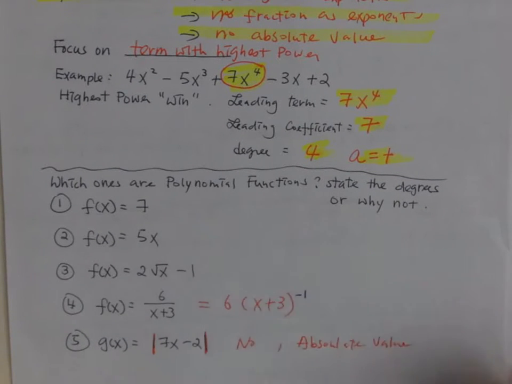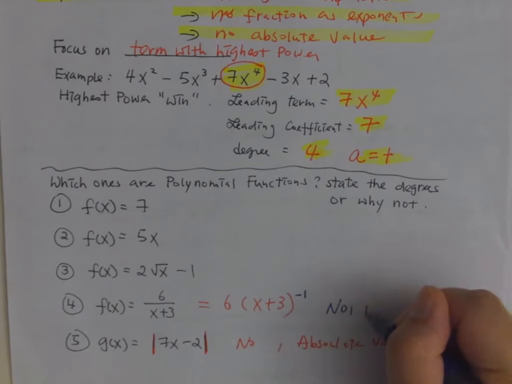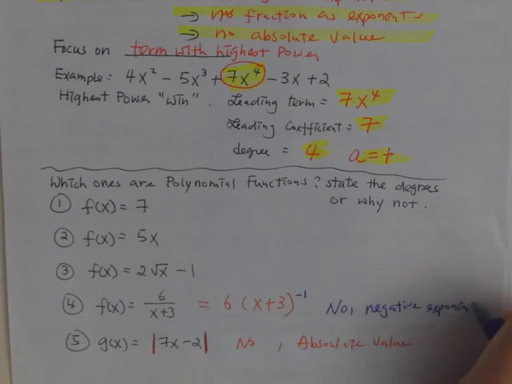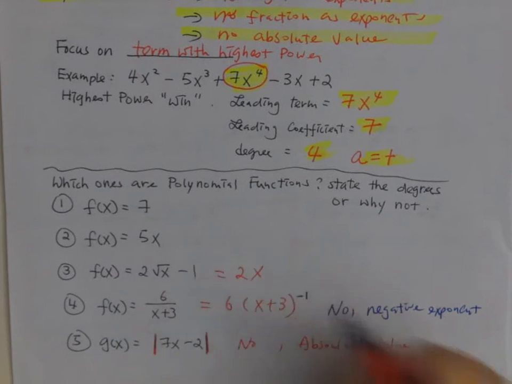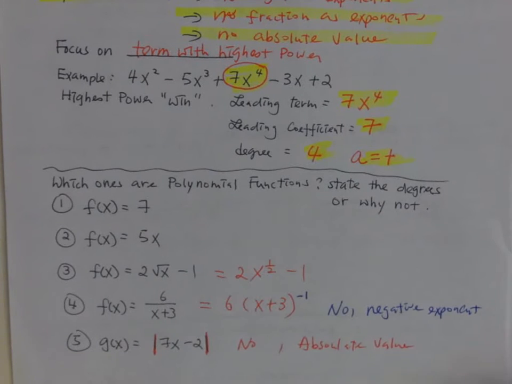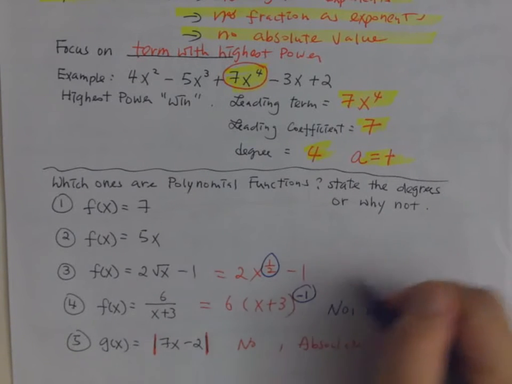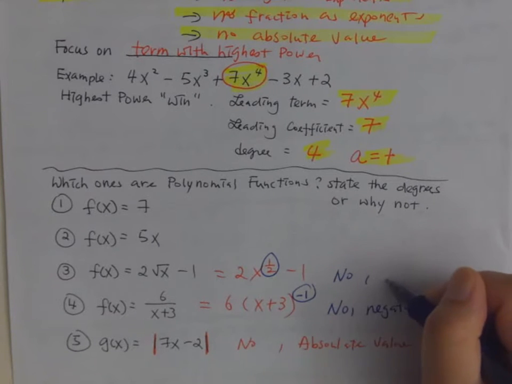A negative exponent. So this is also not a polynomial because it has a negative exponent. For number 3, I can rewrite the square root as 2 times x raised to the 1/2 power, minus 1. Because we have a fractional exponent, this is not a polynomial function.